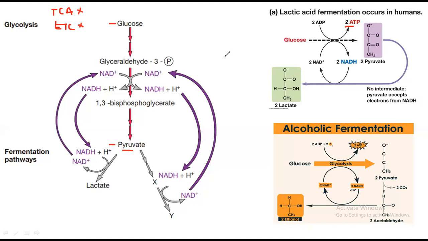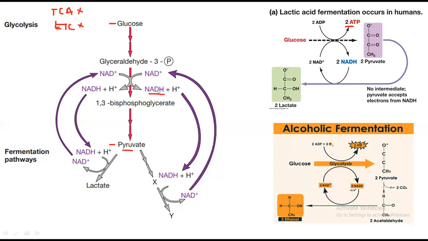Focus on what fermentation basically is. The first step of fermentation is that glucose is converted into pyruvate. If you look at the glycolysis pathway, here NADH is produced. NADH is an important electron carrier.